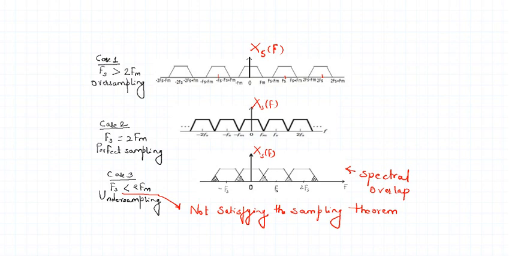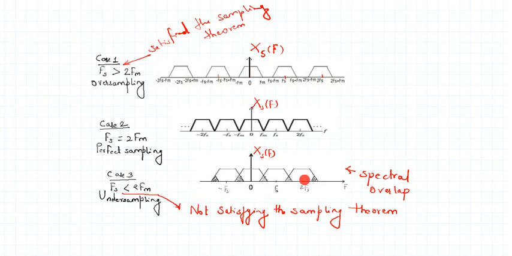Case 1 is the case where we have satisfied the sampling theorem, because we have chosen the sampling frequency to be larger than twice Fm. In the second case, we have merely satisfied the sampling theorem, and in the third case, we have not satisfied it.